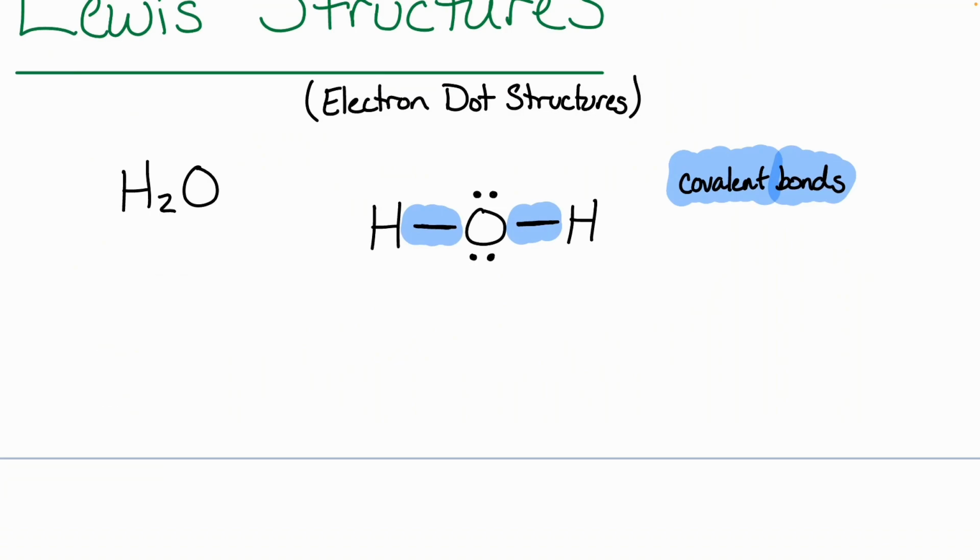In a water molecule, it turns out that that oxygen atom is sitting in the middle, and it's covalently bound to one hydrogen on one side and the other hydrogen on the other side. That's the structure of a water molecule.